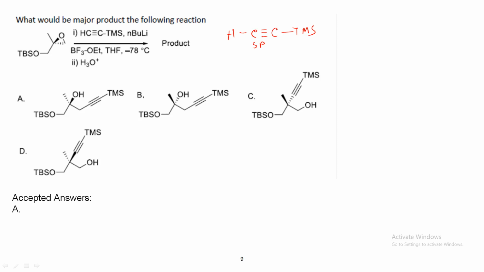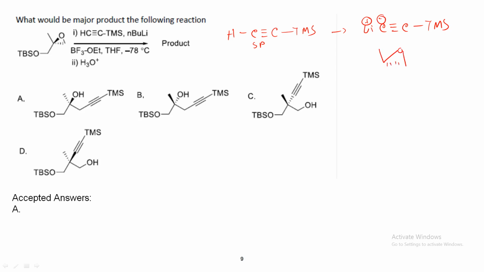So a very basic reagent is required for abstraction of this kind of proton. After abstraction of the proton with butyl lithium, the formed species would be like this, and then they are doing this much.